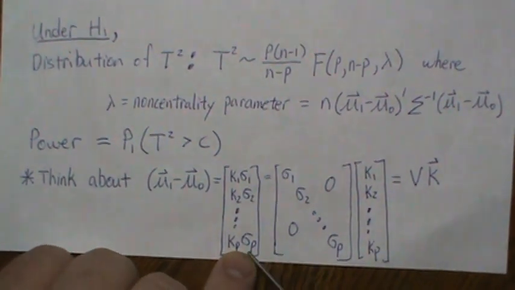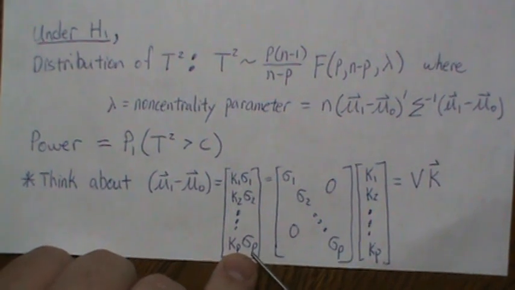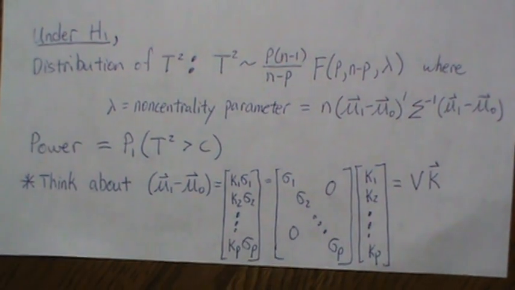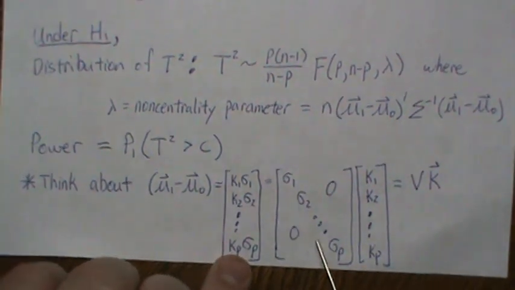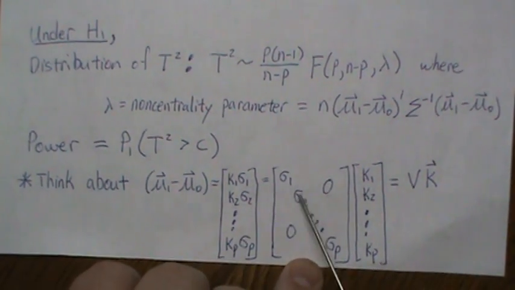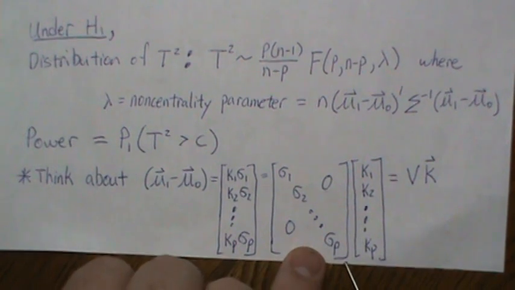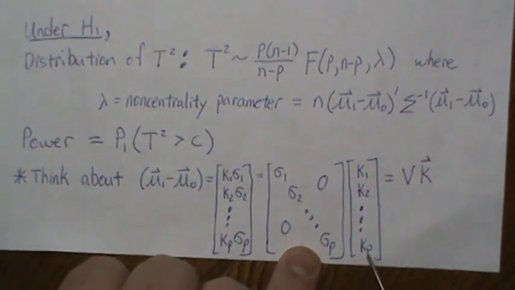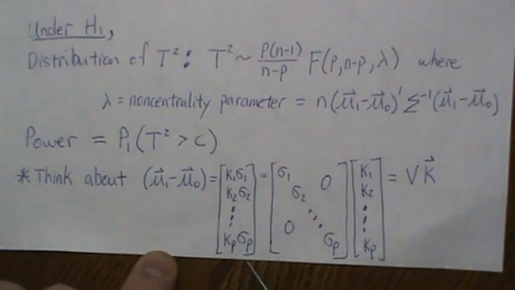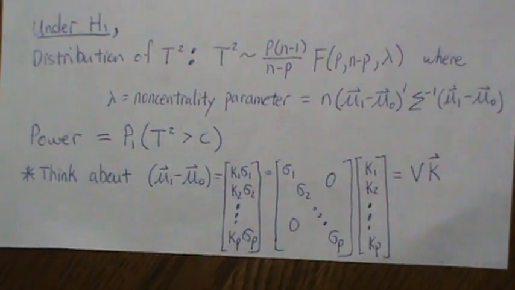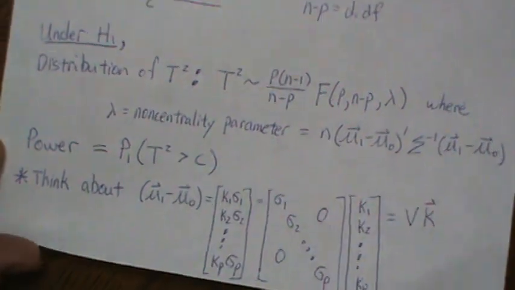And it's going to be this case for all p components. We're talking in terms of standard deviation shifts. So this vector can be thought of as this, where this is a diagonal matrix with the standard deviations down it, and the k's are the multiples of the standard deviation shifts that we want to detect. So we can think of this as V times k, where k is a vector.